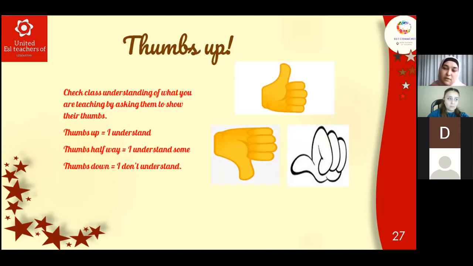It is one of the good ways. Thumbs up is understanding, thumbs halfway is partial understanding, and thumbs down means that they do not understand what you are explaining. So here also is one of the tools of assessment, and a way of checking whether they understand or not.